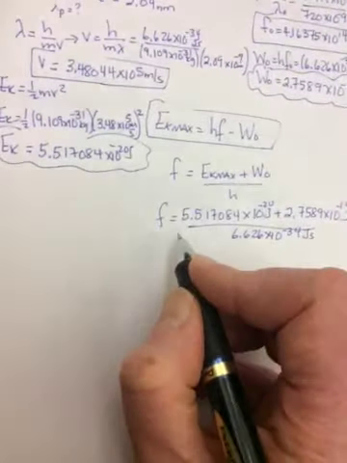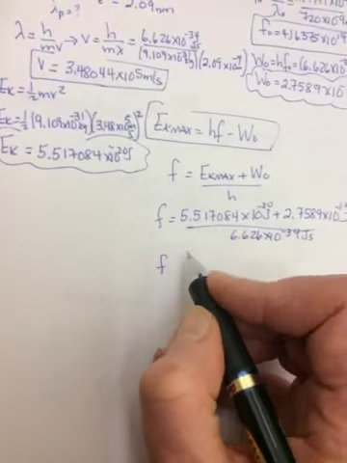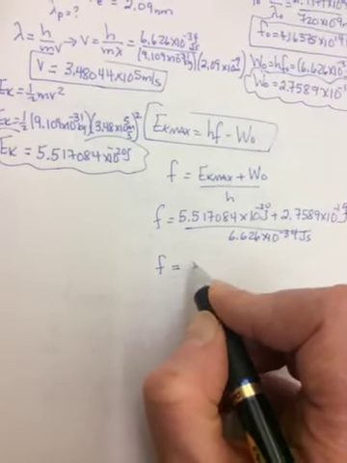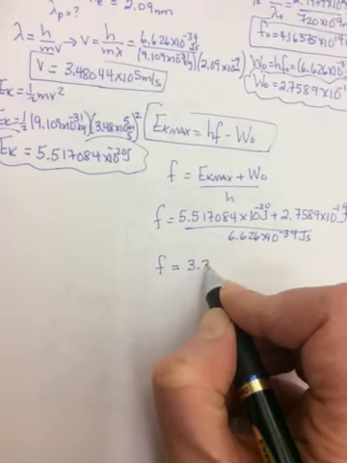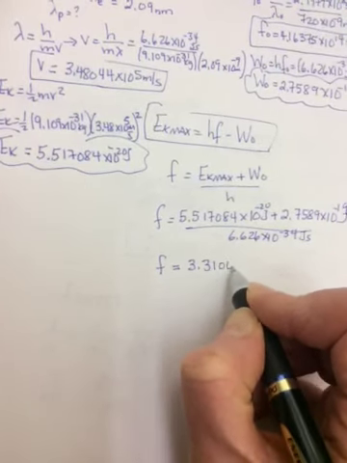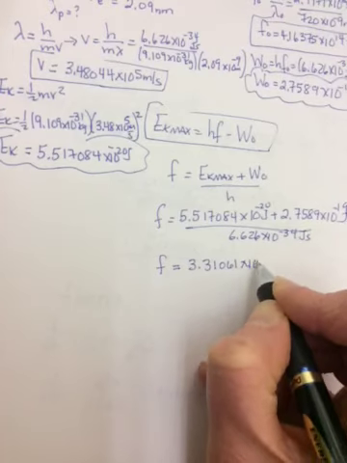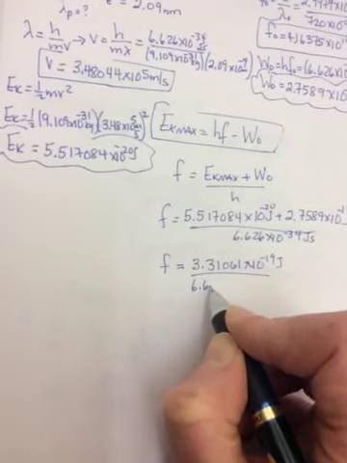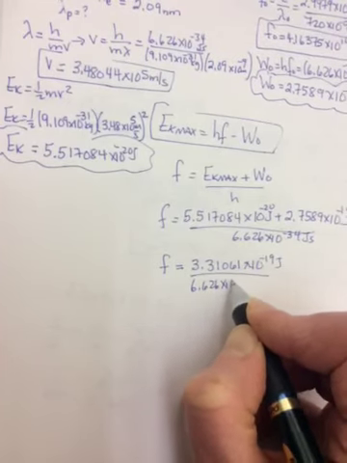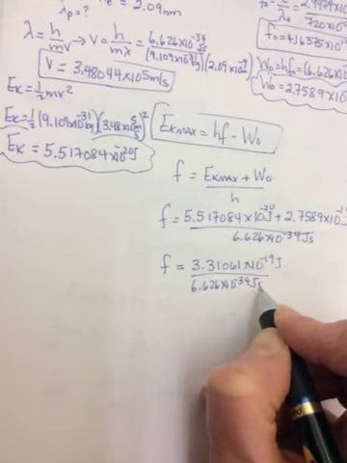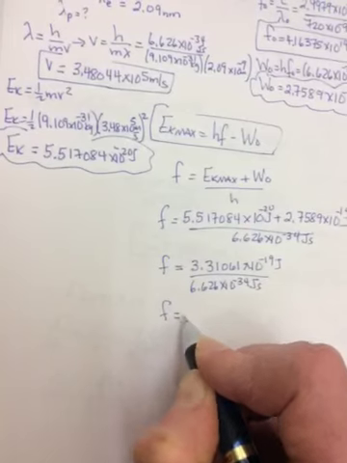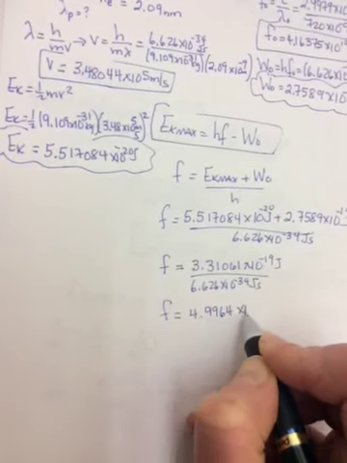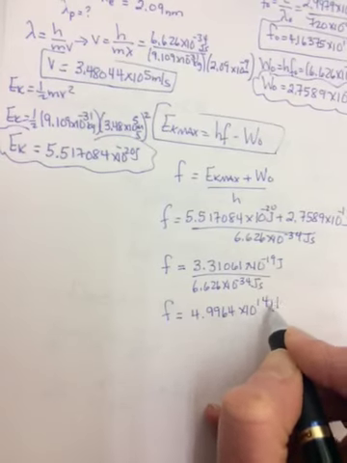On the top, which is going to be like your photon energy, you get 3.31061 times 10 to the negative 19 joules, and then divided by Planck's constant, 6.626 times 10 to the negative 34 joule seconds, and so you end up with an f of 4.9964 times 10 to the 14th hertz.